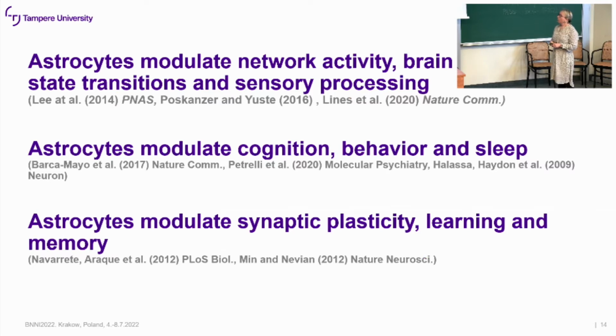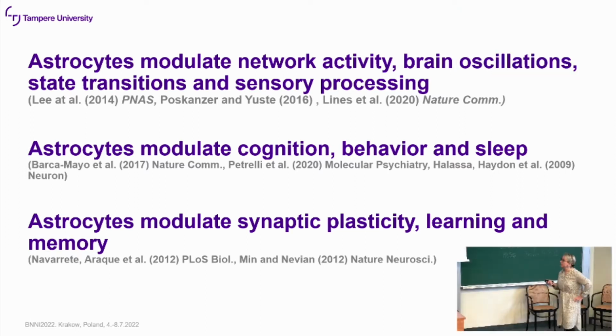Over the past 10 years, as I said, more and more evidence about the role of astrocytes is accumulating. And basically, this year or last year, every week there is a Nature or Science paper about the role of astrocytes in the brain. Here I just list a few examples: astrocytes modulate network activity, brain oscillations, state transitions, and sensory processing.